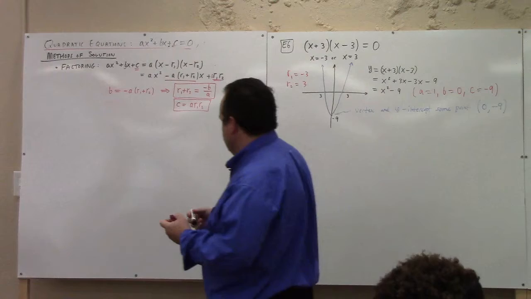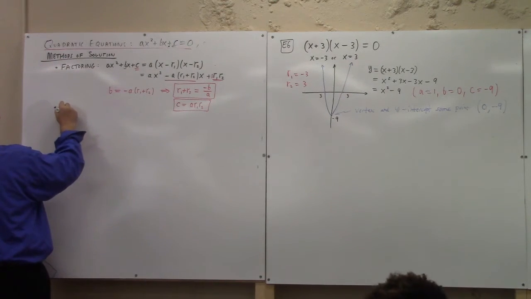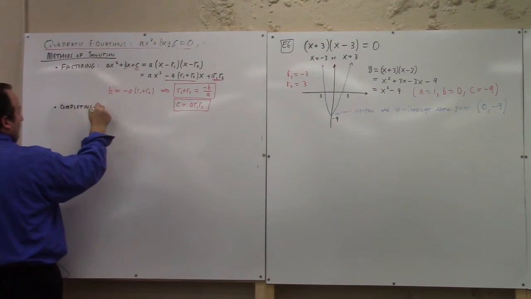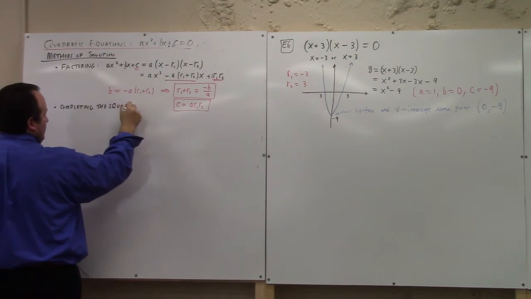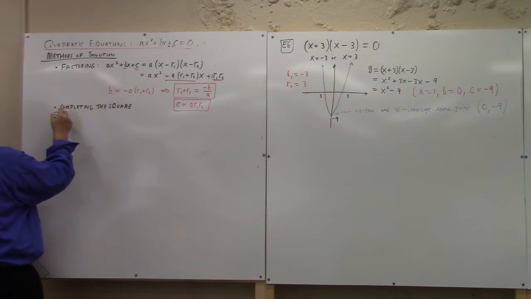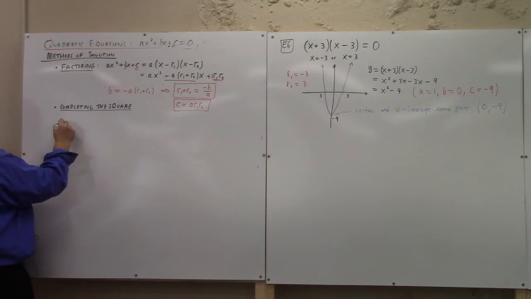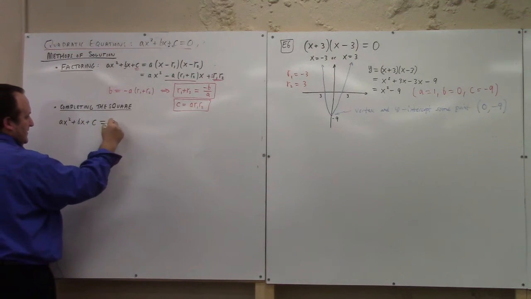The other method is completing the square. All right, so let's go through that. And we're going to go through it for an arbitrary quadratic. So here we go, ax squared plus bx plus c. We started this calculation the other day.